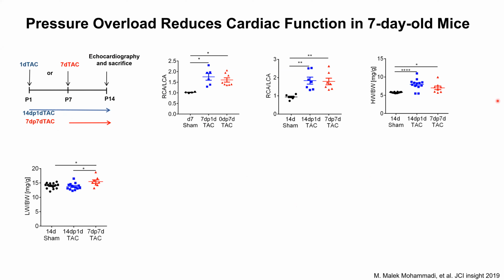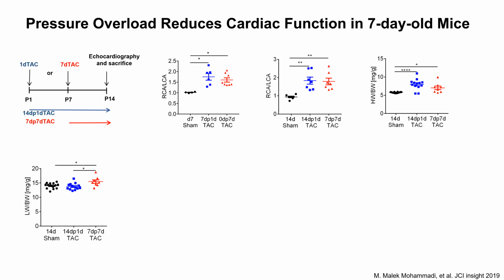And heart weight to body weight ratio increased in both groups, but interestingly, lung weight to body weight ratio increased only in the non-regeneration phase, although they were exposed to only 7 days of pressure overload.